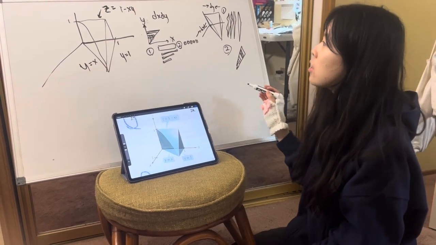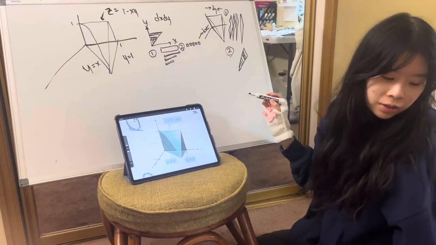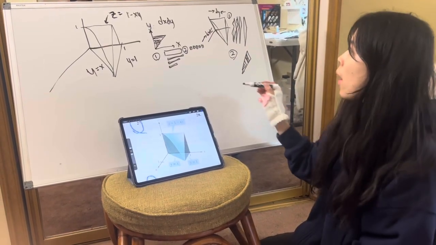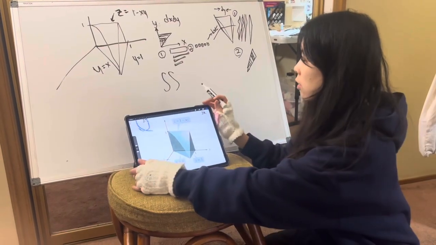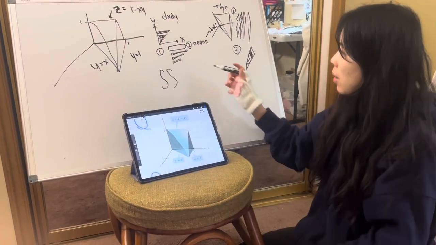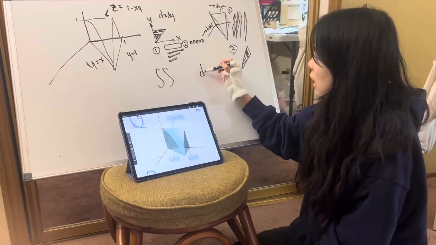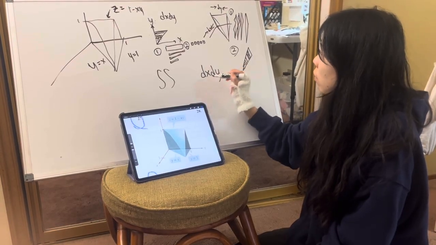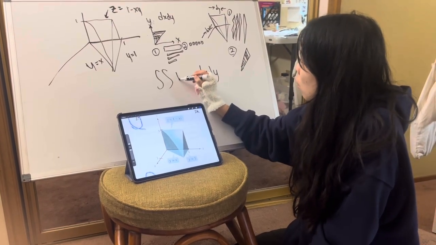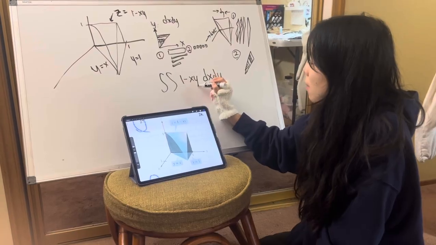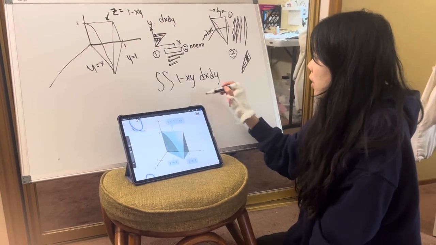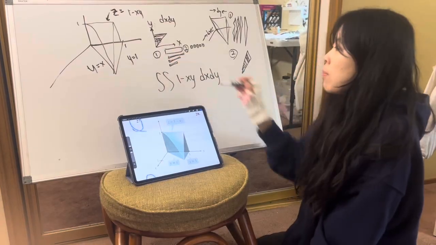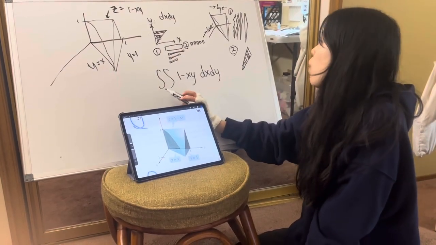So now let's try to solve it using dx dy, writing the double integral like we learned earlier. First, we have dx dy, and the function is 1 minus xy. So first, dy is with this bound. What are the bounds for the y?